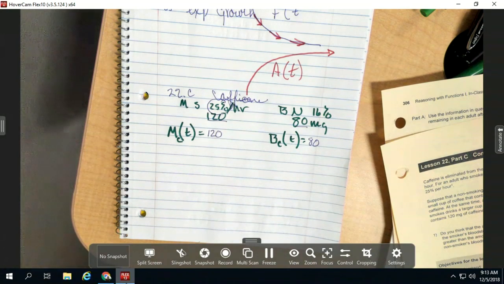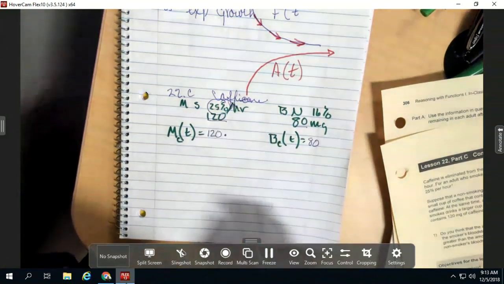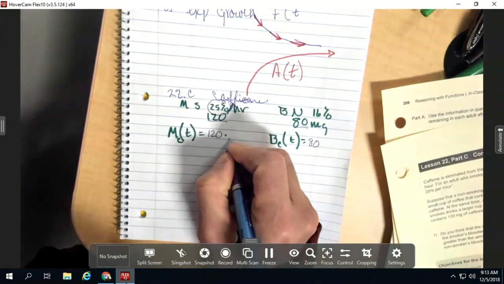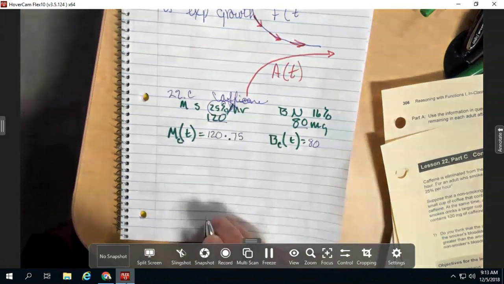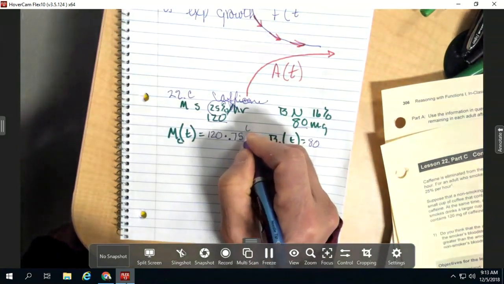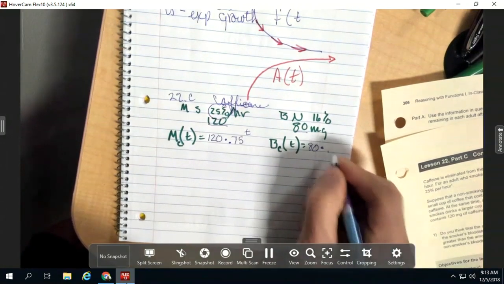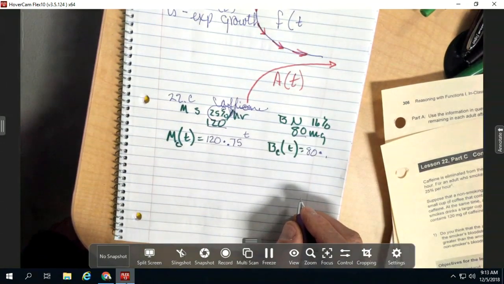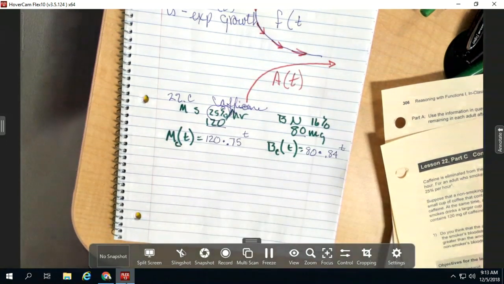So, this one will be 120 times what? 25. Nope. 0.75, excuse me, to the t. This one will be 80 times 0.84 to the t. Now, 5, 4, 3, 2, 1 on how much you understand about how to write the formulas. Got it. Good. Let's graph them.